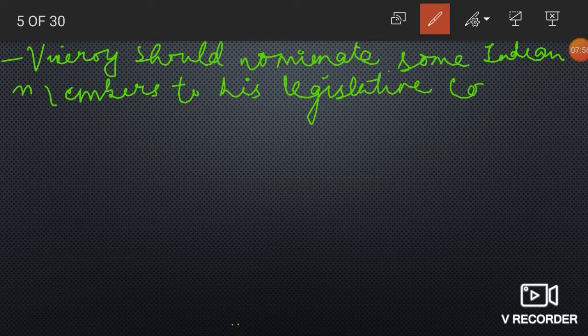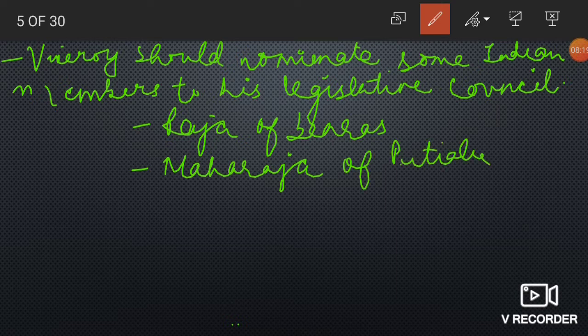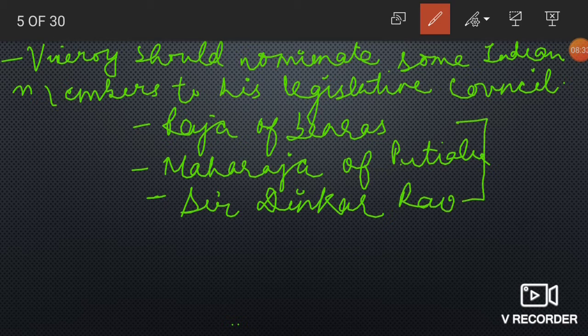By pursuing this feature, three Indians were nominated: the Raja of Banaras, the Maharaja of Patiala, and the third one was Sir Dinkar Rao. These three were the Indian members nominated to the Legislative Council.